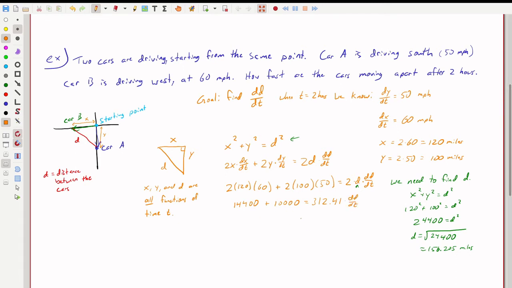Okay, so I can add and divide, and I get a value for dd/dt. So this comes out to 78.105, or 103 rather, and the units would be in miles per hour.